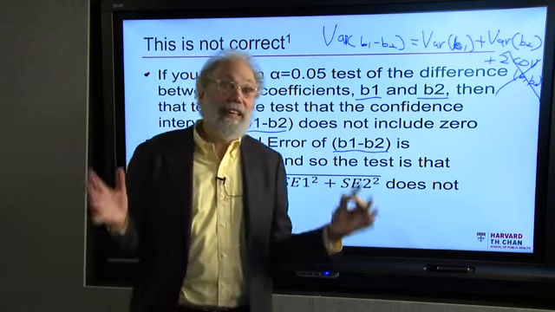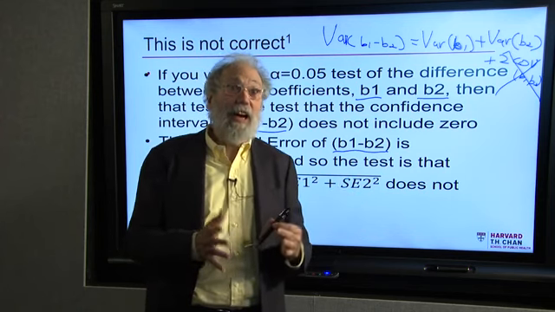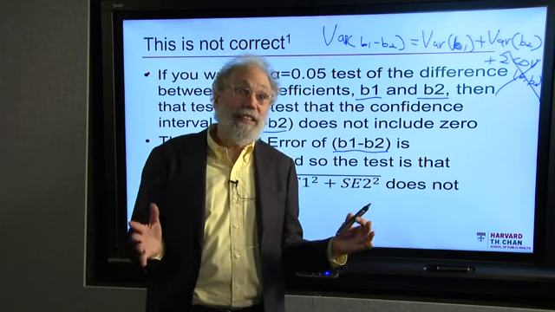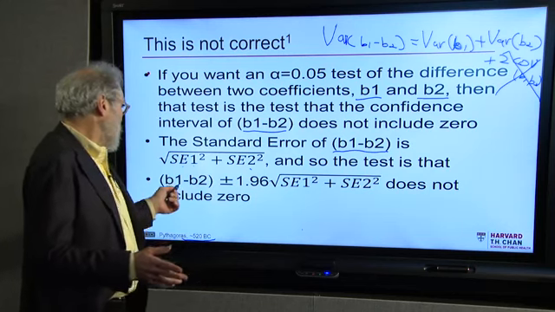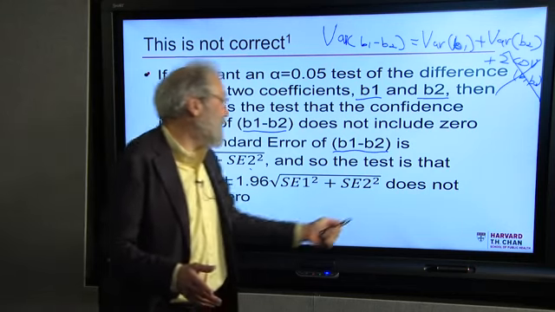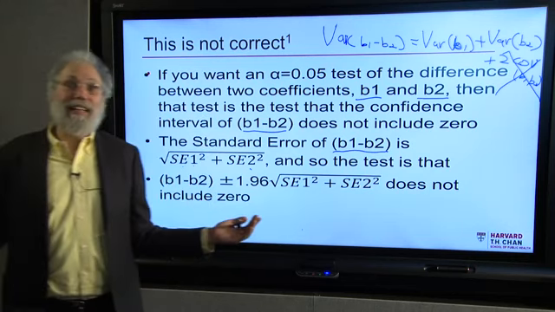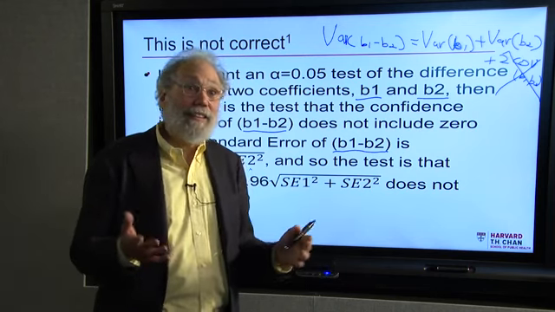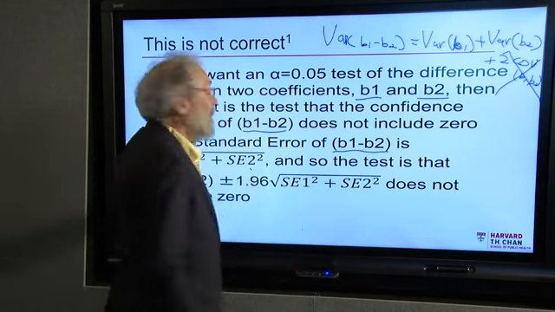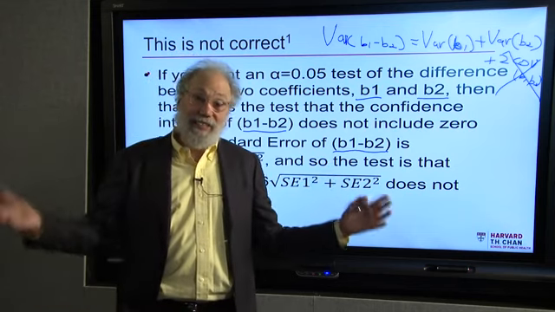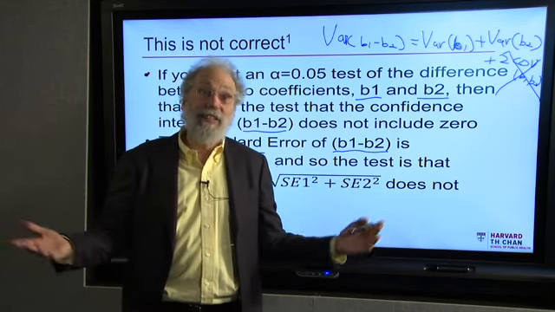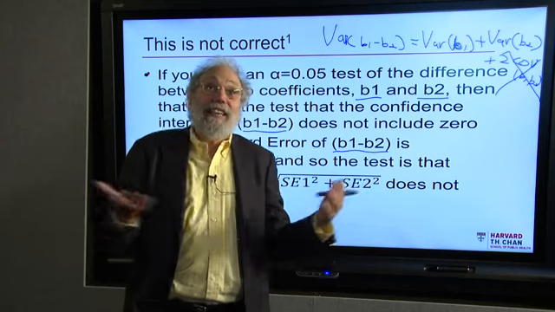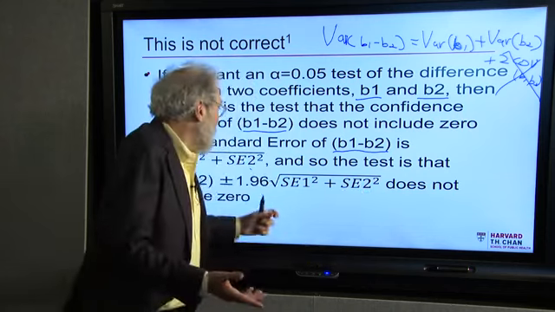And so the test of whether this is different than 0 is, does this plus or minus the standard errors include 0 or not? This is the confidence interval around the estimate. If the confidence interval doesn't include 0, then there is a difference.